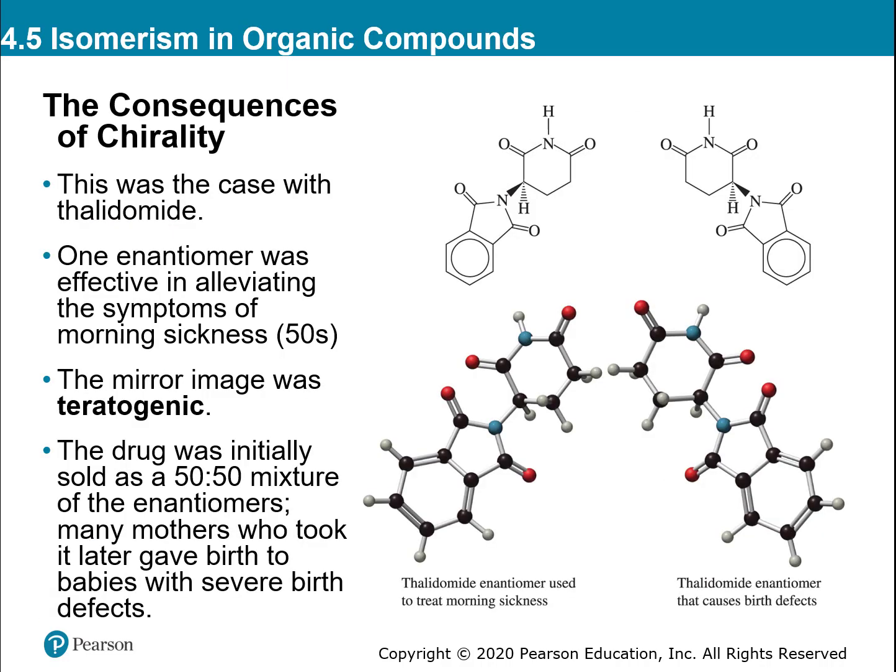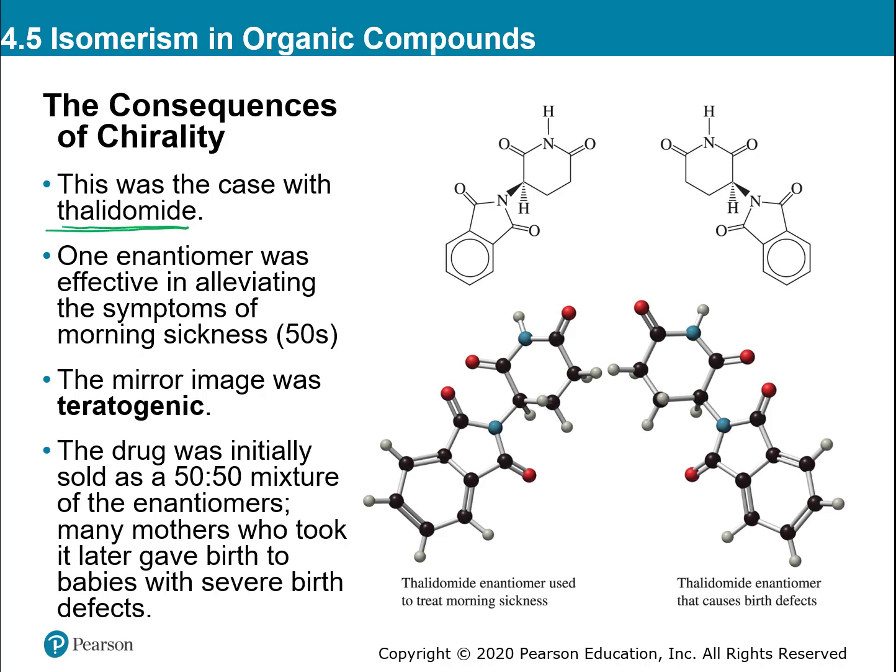Unfortunately, this really is more important in certain medications. So notice with the ones we've just talked about, one form works, the other form doesn't do anything, okay? So using the right mirror image form, the right enantiomer pair of a medication can be critical. But in the late 1940s, early 1950s, there was a drug that was developed called thalidomide.